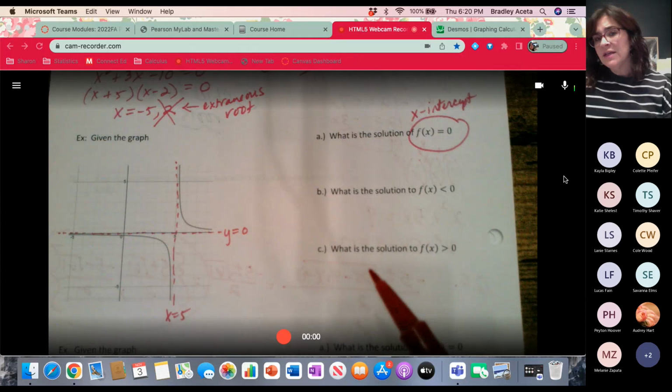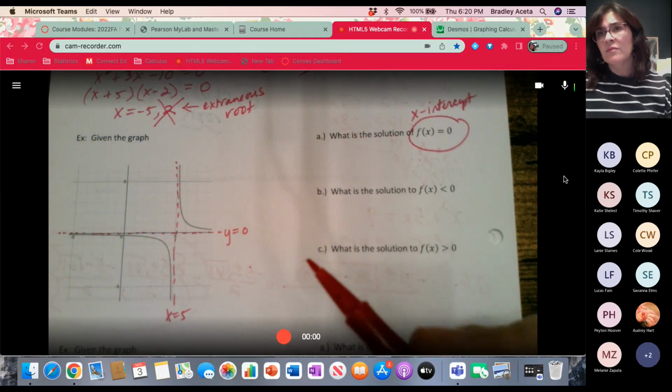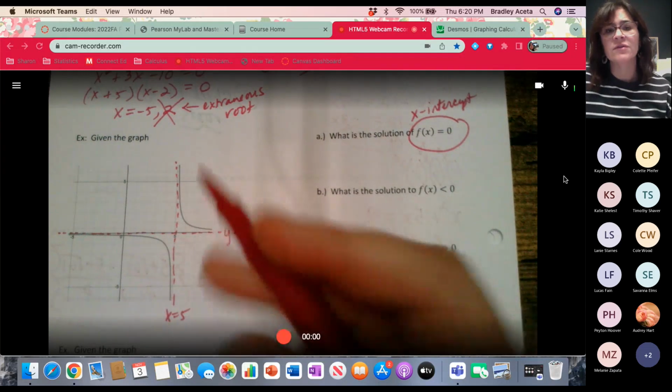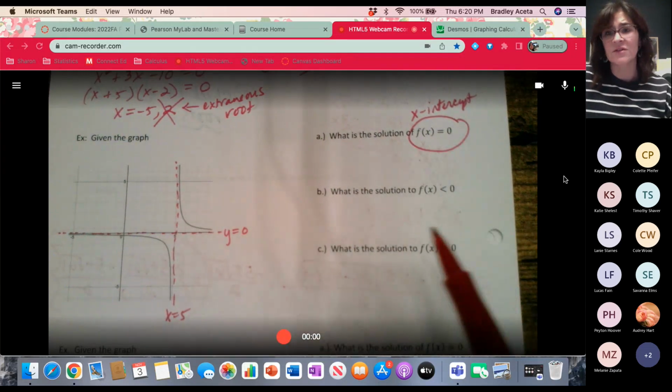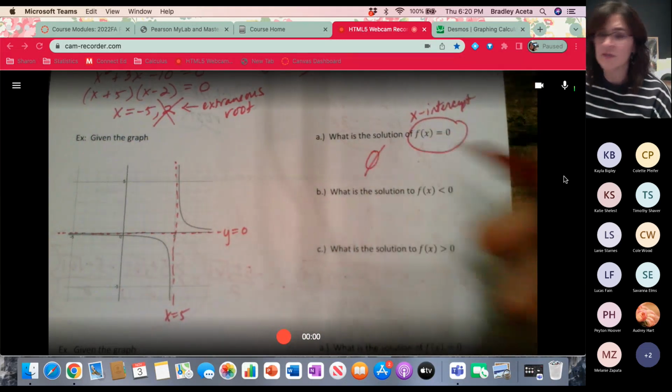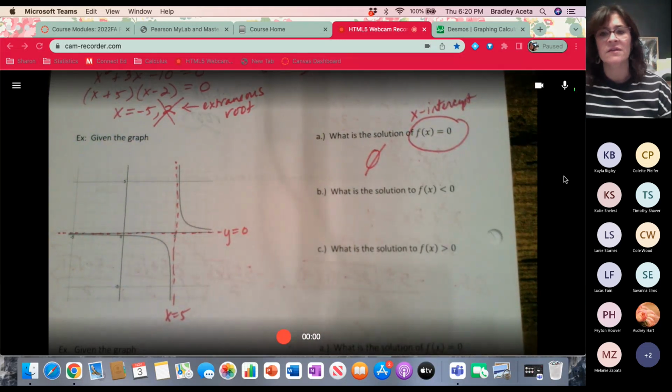So what does that mean? Asymptotes, again, are lines that the graph will not touch, will not cross over. So this is not going to intercept the x-axis. So the answer to this is no solution. It will not intersect that at y equals 0. It's just not going to ever intercept the x-axis.